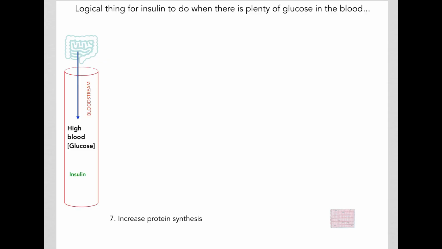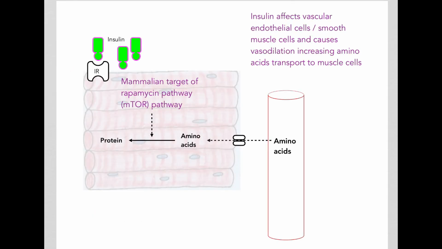Now, how does insulin increase protein synthesis in the skeletal muscles? Recent research shows that the major effect of insulin on skeletal muscles might be that insulin affects the blood vessel endothelial cells as well as the smooth muscle cells, and that leads to vasodilation.